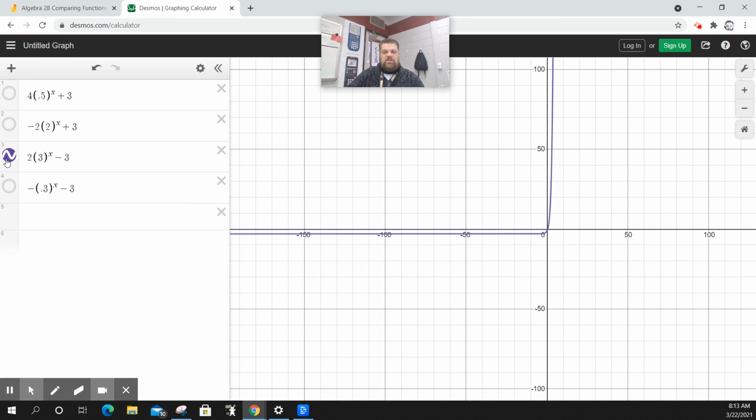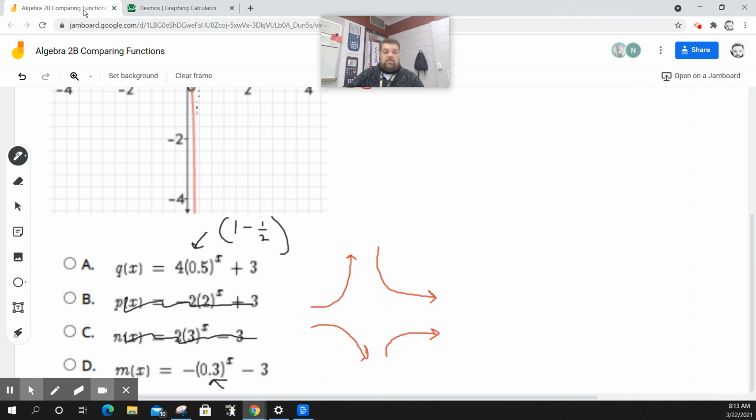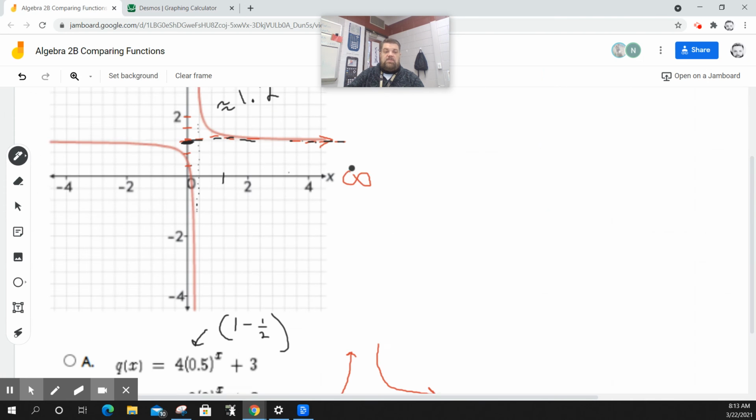This is option C. That's not it. This is option B. That's not it. This is option A. It doesn't approach 1.2, but it's the only end behavior that's similar to the one in the question that we have. So I'm going to go with A just because it's similar.